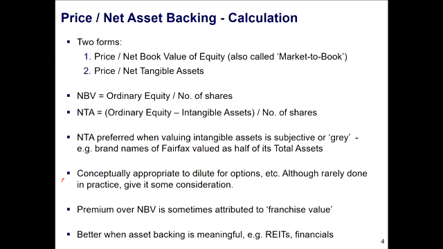So the valuation of intangible assets can be very controversial and subject to manipulation or accounting rule changes. So analysts would like to find out the valuation of the company excluding the intangible assets. That's why we may calculate the price to net tangible assets value.